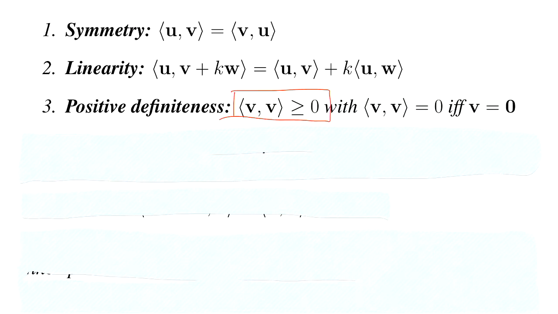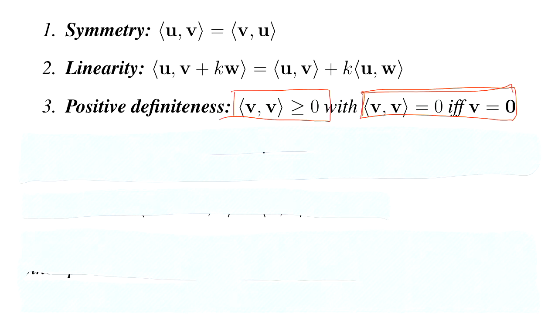Now, what's also true, and is crucial, and is the thing that people often sort of gloss over, but it's crucial, the only time you can get equality here is when V is 0. Right? The inner product of V with itself is only 0 if V is the 0 vector. Right? There are no other vectors sitting in your vector space that have inner product with themselves equal to 0.